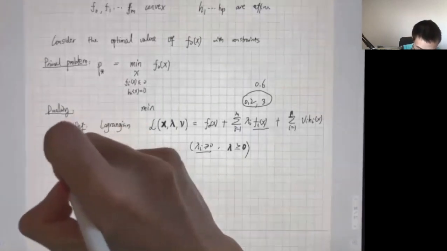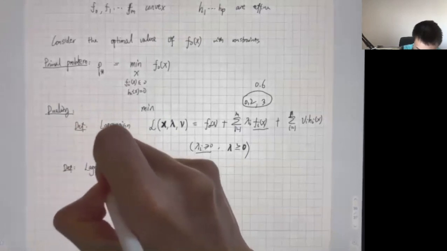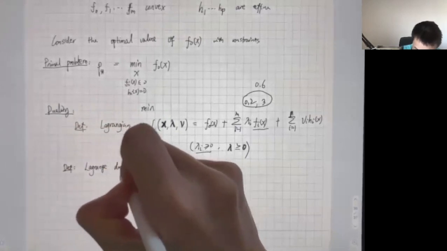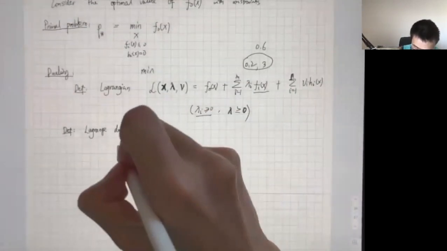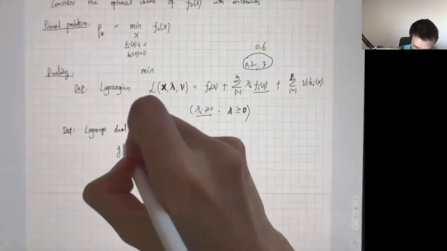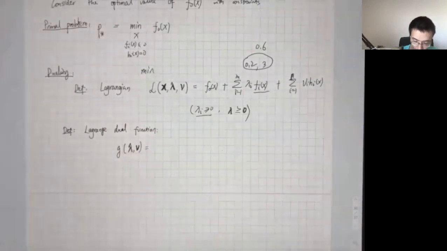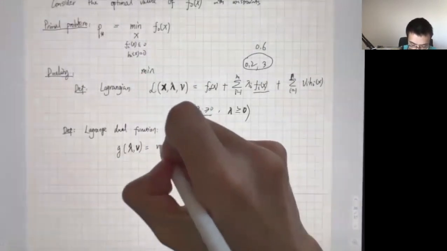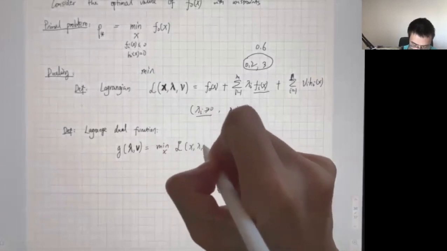Okay, now I can define a Lagrange dual function, which I denote by g of lambda and nu, okay? It's the minimum over x of the Lagrangian L(x, lambda, nu).